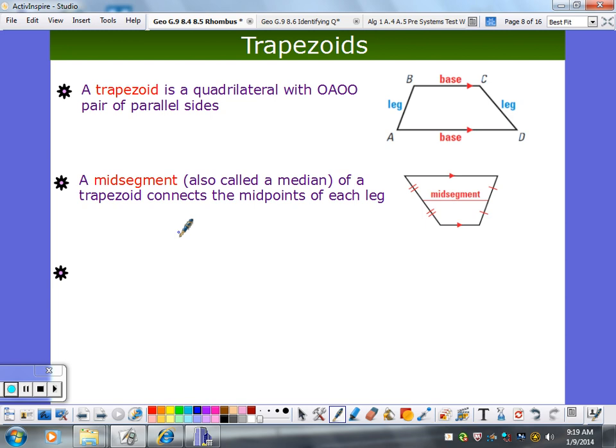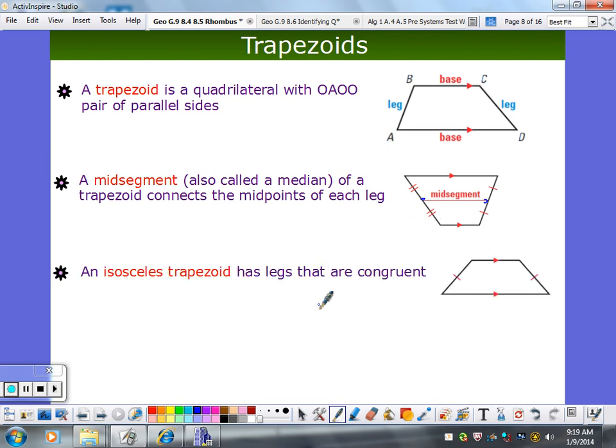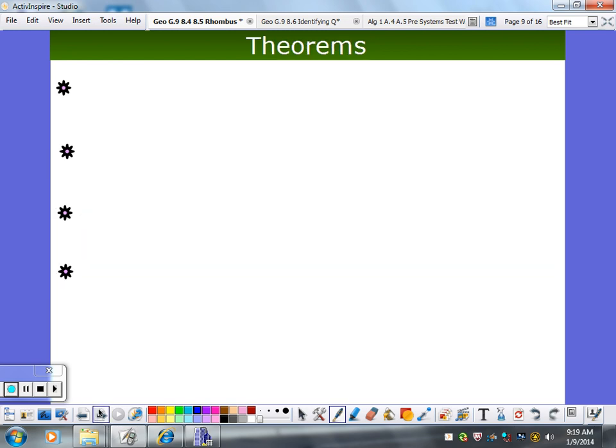What else do we know? Mid-segment, sometimes called the median of a trapezoid, is you look at the non-parallel sides, you find their midpoints, and you connect them. That's a mid-segment of a trapezoid. And then an isosceles trapezoid is you take those non-parallel sides and they're congruent. And that is called an isosceles trapezoid. So different things to know about trapezoids.